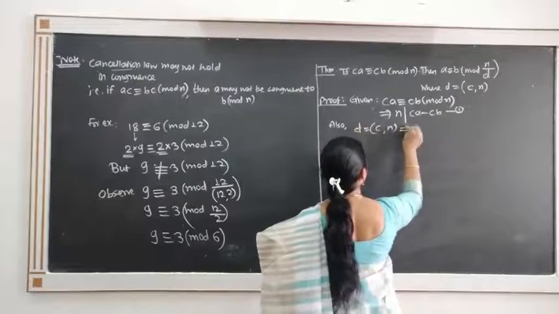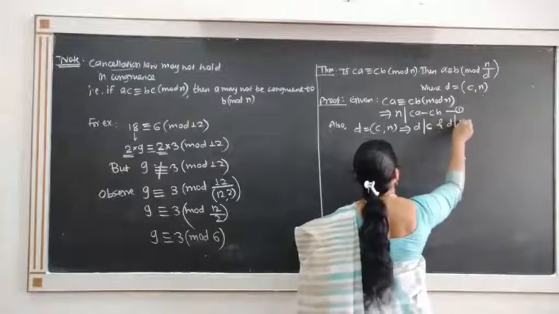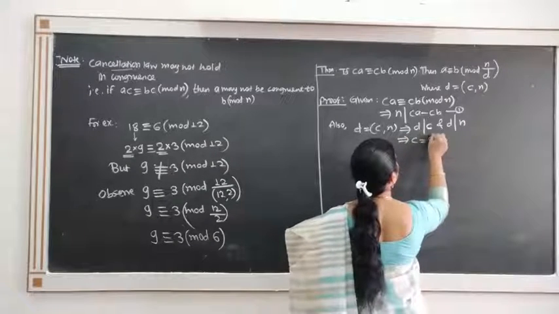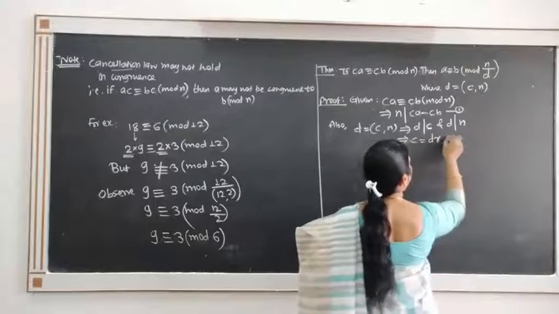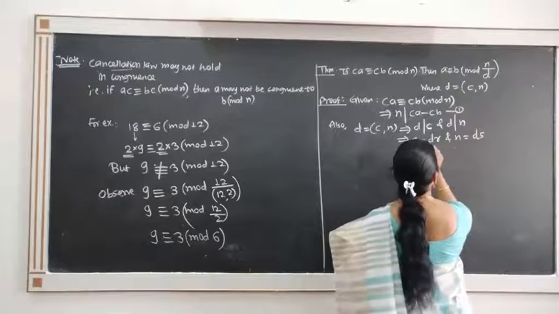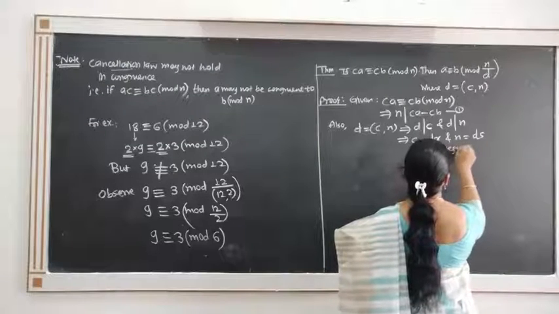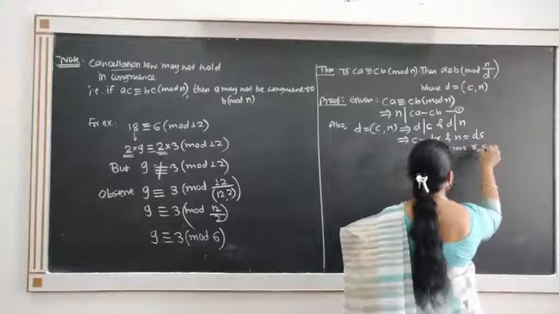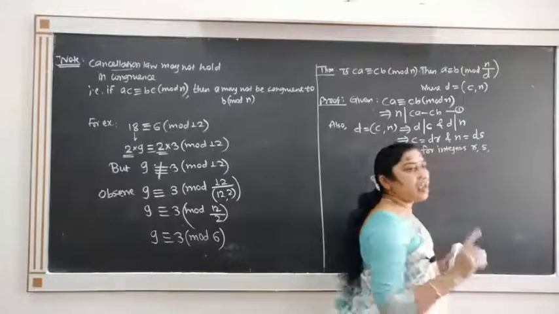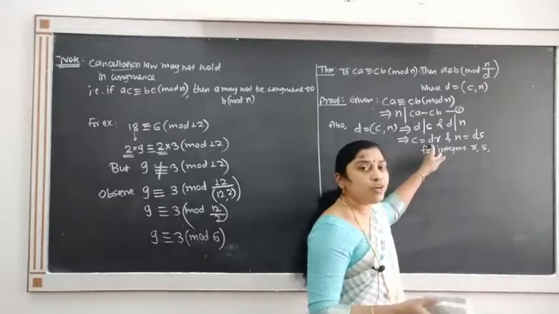This implies that D divides C and D divides n. D divides C means C is equal to D into some integer and n is equal to D into some integer, for integers R and S, such that GCD of R and S is 1 because D is the greatest common divisor.